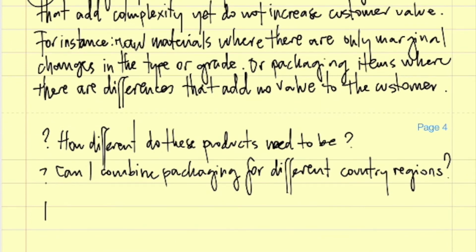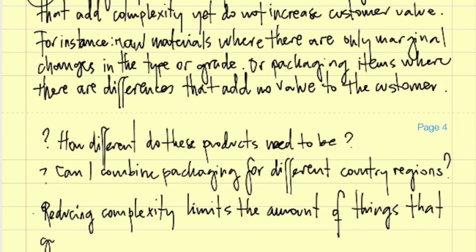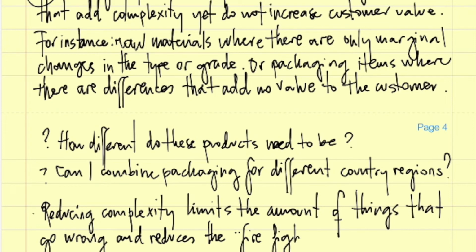Reducing complexity limits the amount of things that go wrong, and reduces the firefighting, okay.